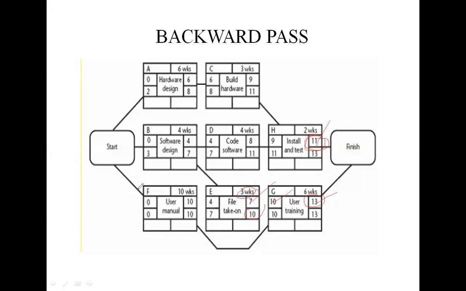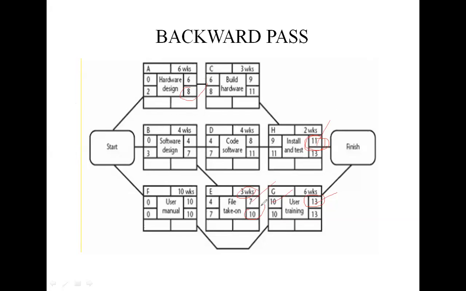Then we move to activity B, which must be completed by week 7. The latest start for both activities D and E is 7 minus 4, that is 3. And we move to activity A, which must be completed by week 8. The latest start for activity C is 8 minus 6, that is 2. So this is about the backward pass.